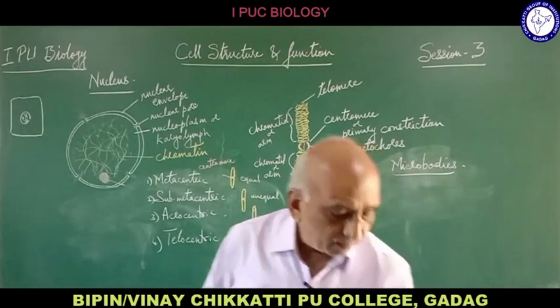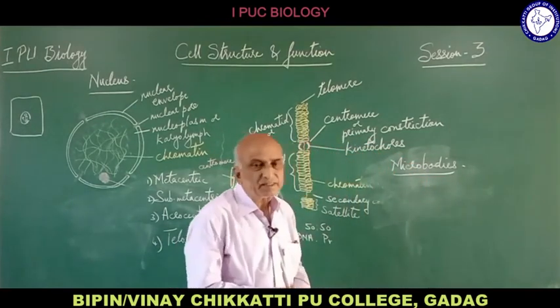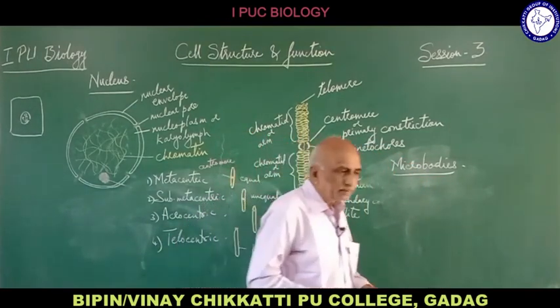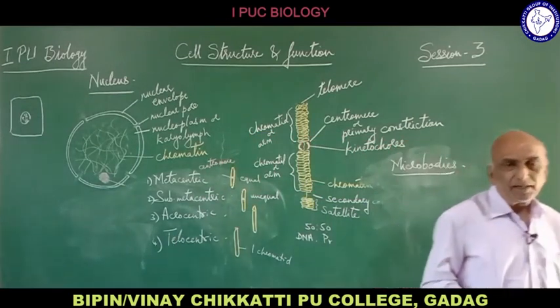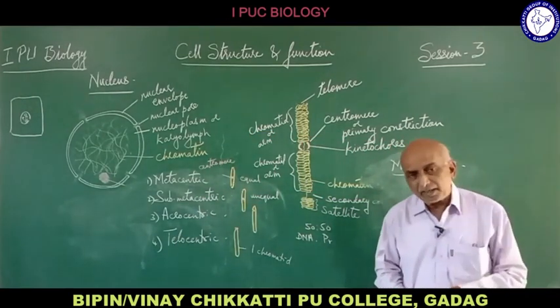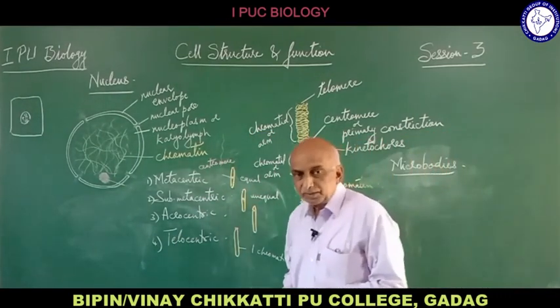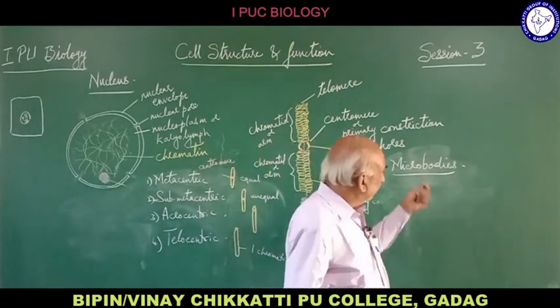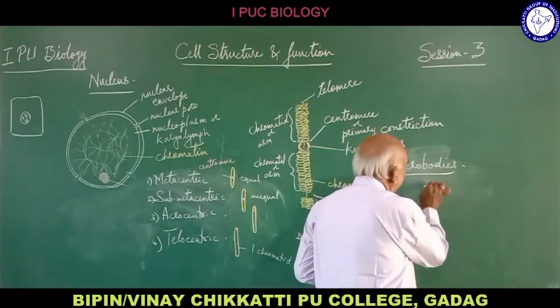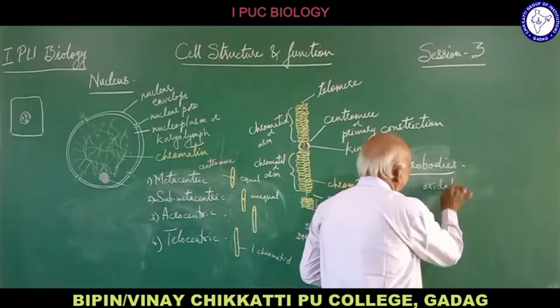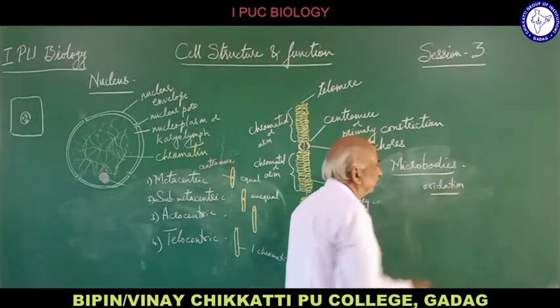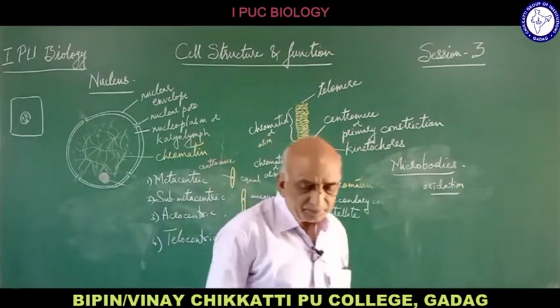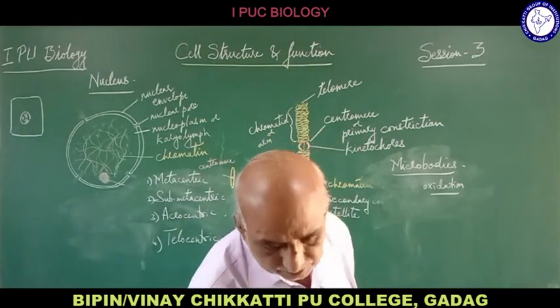So they are membranous structures, just like lysosomes, endoplasmic reticulum, Golgi. They are made up of membranes. Now these structures are concerned with the oxidation process in the cell. So microbodies are concerned with the oxidation reactions.